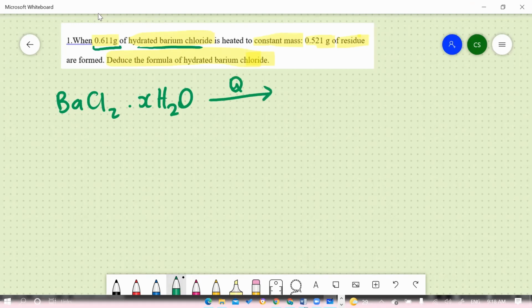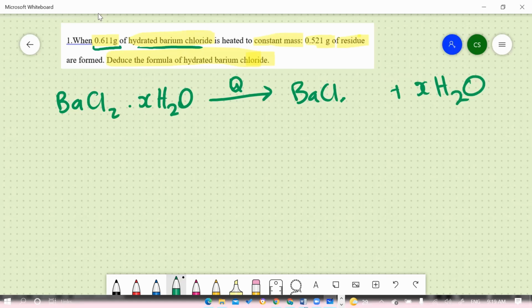And what would be formed? We are going to form BaCl2, that's going to be the solid, plus the XH2O, that's going to be in the form of a gas.